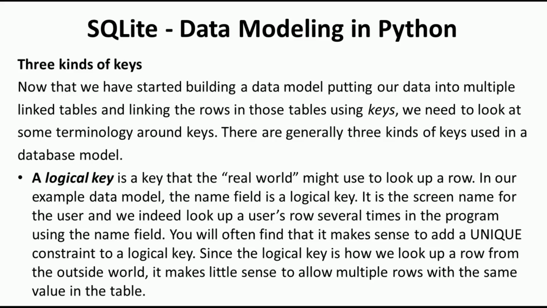So that is not a logical key. That's a perfect primary key. What about name? Name is a real world primary key, or you can say a logical key in this case. Why is it a logical key? It is a unique one, and each of these rows is addressed using this name field. So definitely it is a logical key in this case.